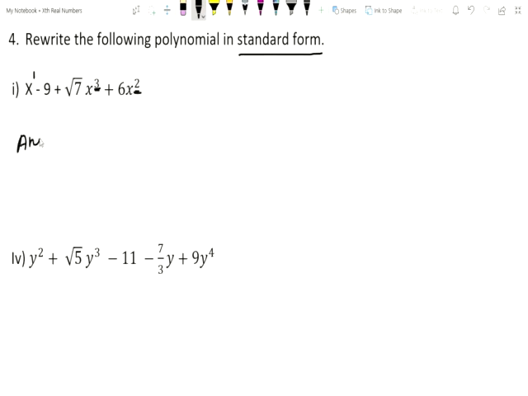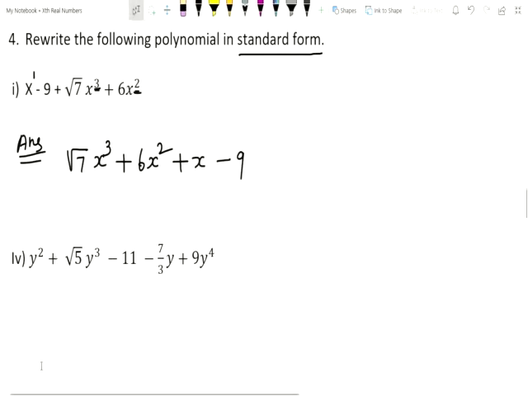So what is the answer? Root 7 x cube plus next power is 2, 6x square plus x minus 9. So this is the standard form. What is standard form? We arrange the given expressions in descending or ascending order according to the powers.